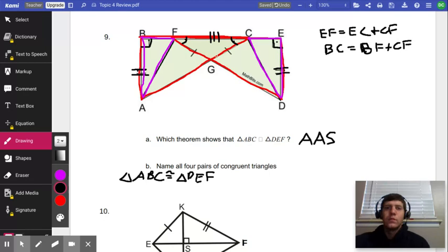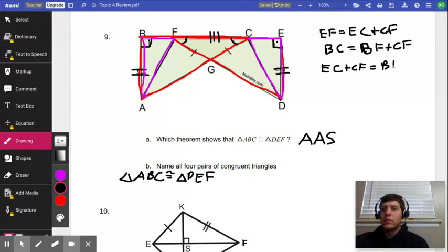Okay? Since we know those two red triangles are congruent, right, ABC and DEF, we know that EF is equal to BC, right? Segment EF is congruent to segment BC, so those lengths are equal. So we can use the transitive property and say EC plus CF is equal to BF.